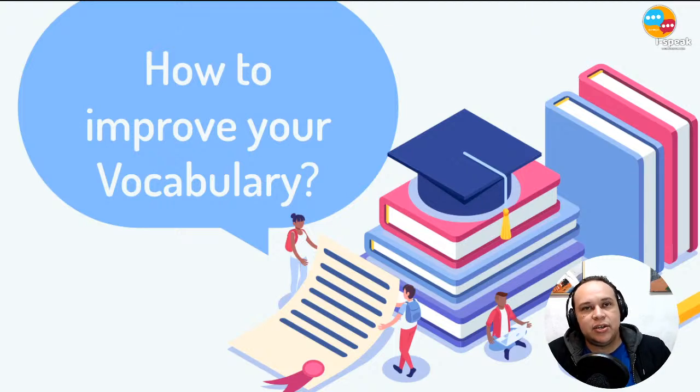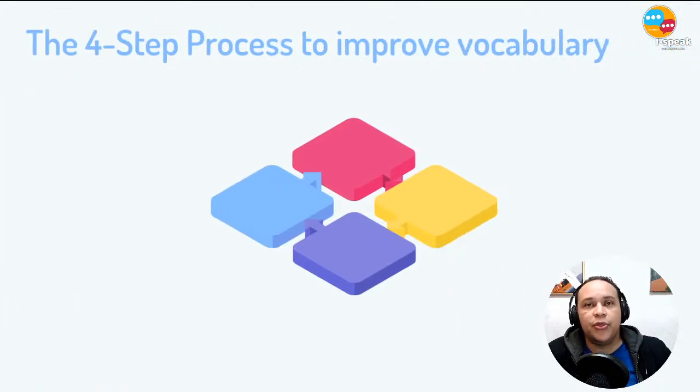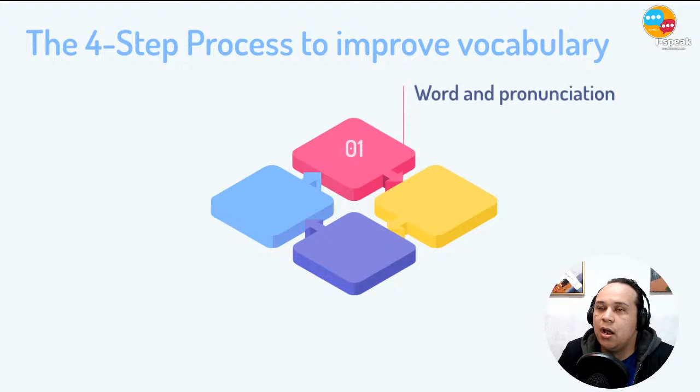So these are the inputs, and whenever you hear a new word, this is where you're gonna be recording the word. And how are you gonna record the word? Through the 4-step process to improve vocabulary. Number 1, it's word and pronunciation, right? I know already that we covered this in lesson 1, but I'm just doing a quick recap.